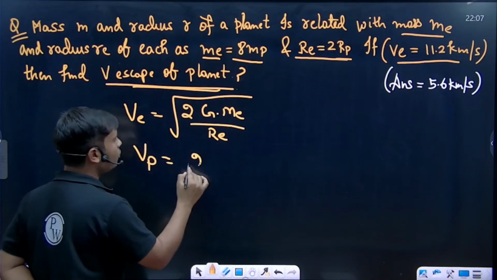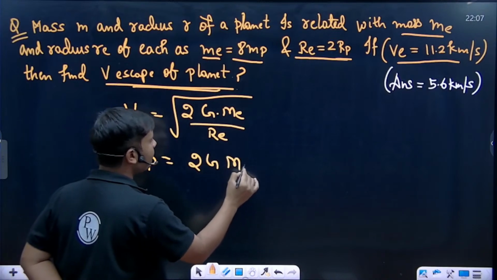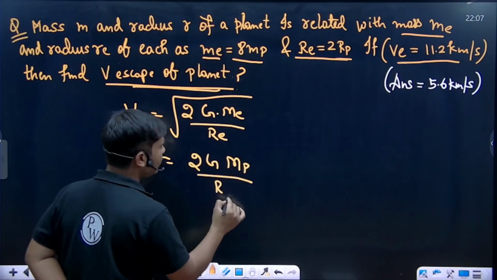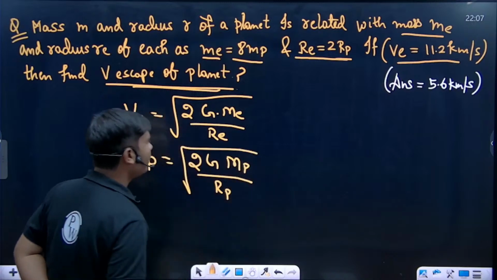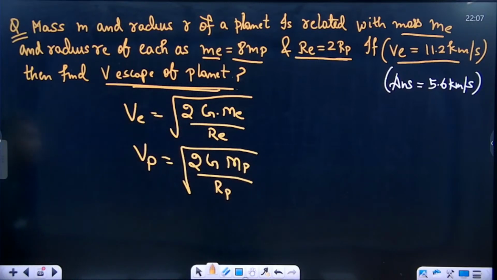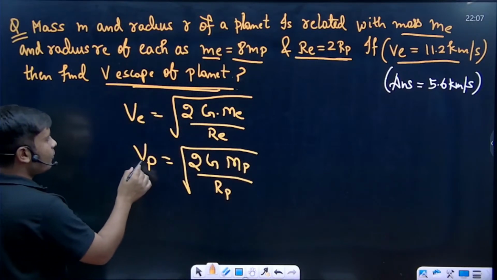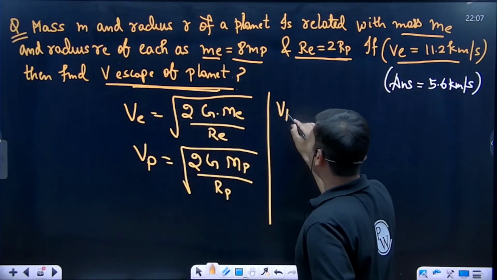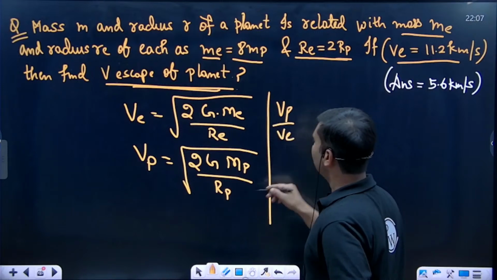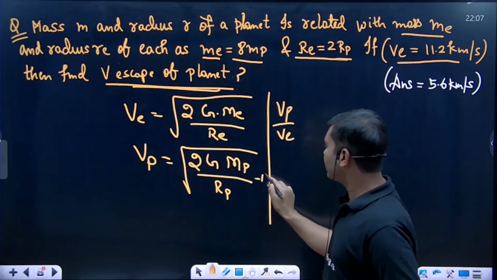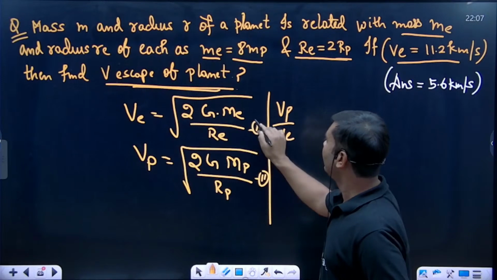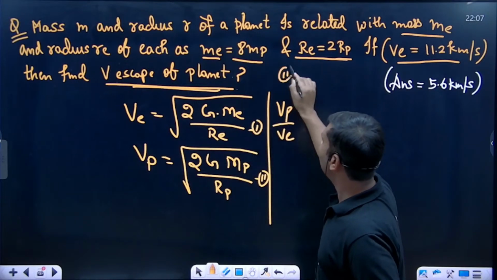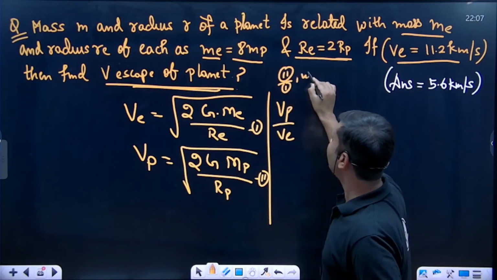Vp will be equal to the square root of 2GMp upon Rp. We have to find the escape velocity of the planet, so I am dividing Vp by Ve, that is, equation number 2 by equation number 1. What do we get?